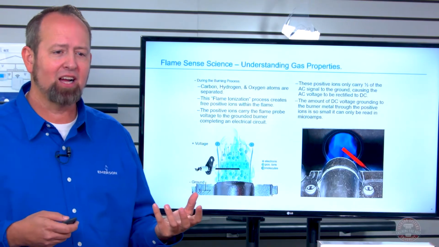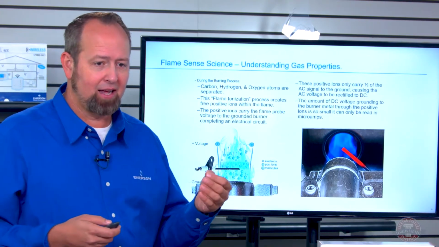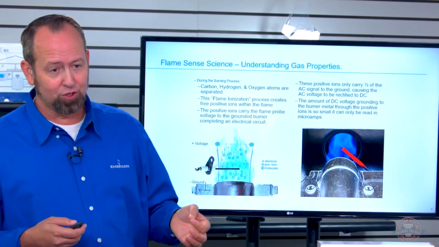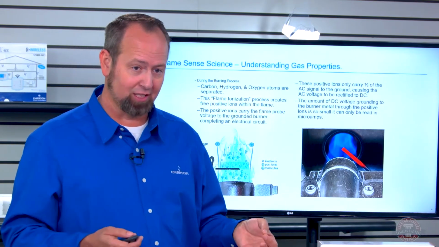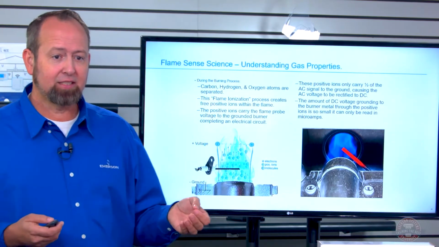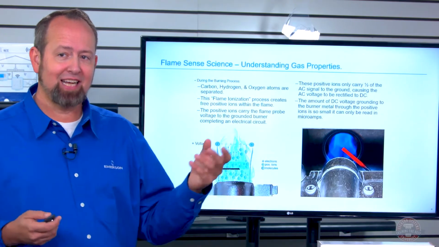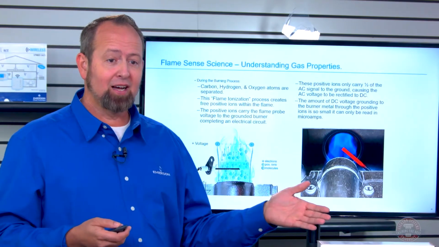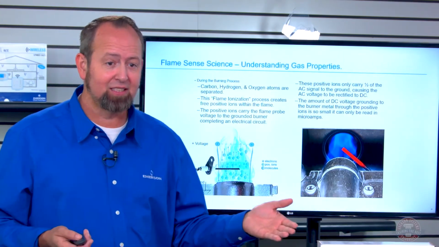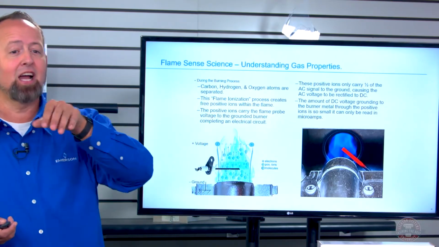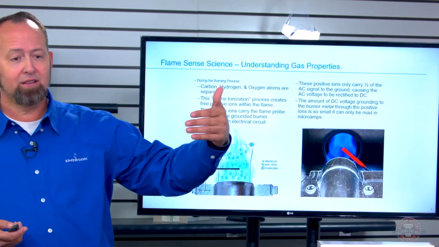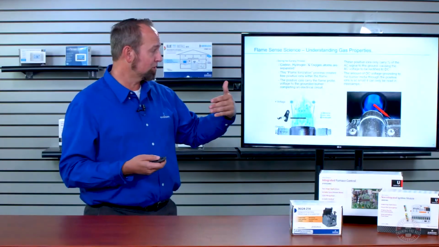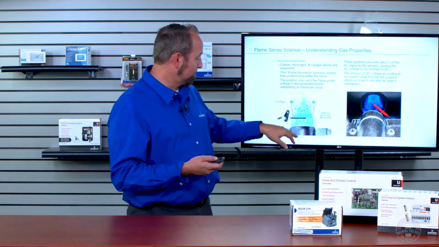As it's traveling back towards the burner, a positive ion has the potential to carry electricity with it. Now, it's only carrying half of this AC signal back. The other half is rectified, and therefore we call this a rectified signal. It's only carrying half of that sine wave back, on the positive ions, and that's going back and touching the burner ground.